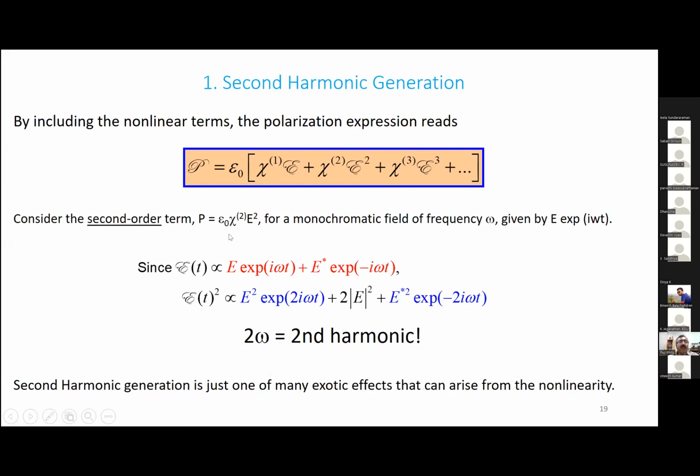We started with omega only because this is our original wave to start with. The frequency is clearly omega here. However, when you did this multiplication to get E squared, you got second harmonic out of it. Second harmonic and something called optical rectification. This is a DC field. So second harmonic generation is just one of the many exotic effects that can arise from the nonlinearity.